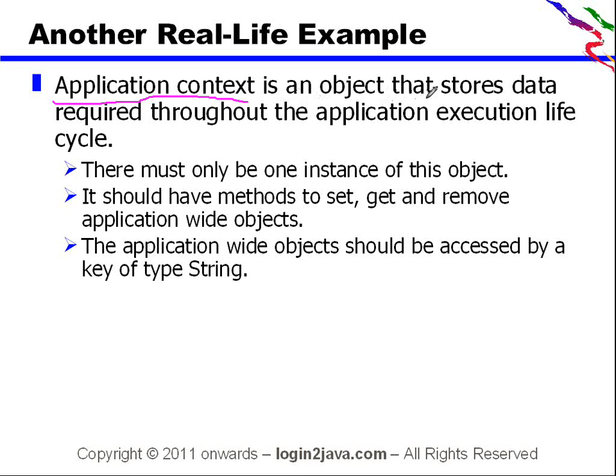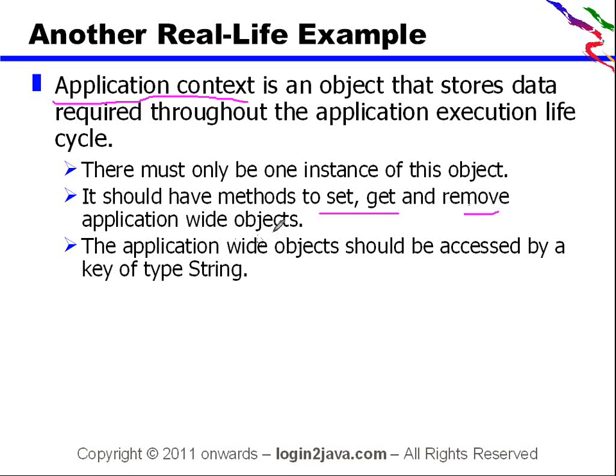Application context is an object that stores data required throughout the application execution lifecycle. There must only be one instance of this object. It should have methods to set, get and remove application-wide objects.